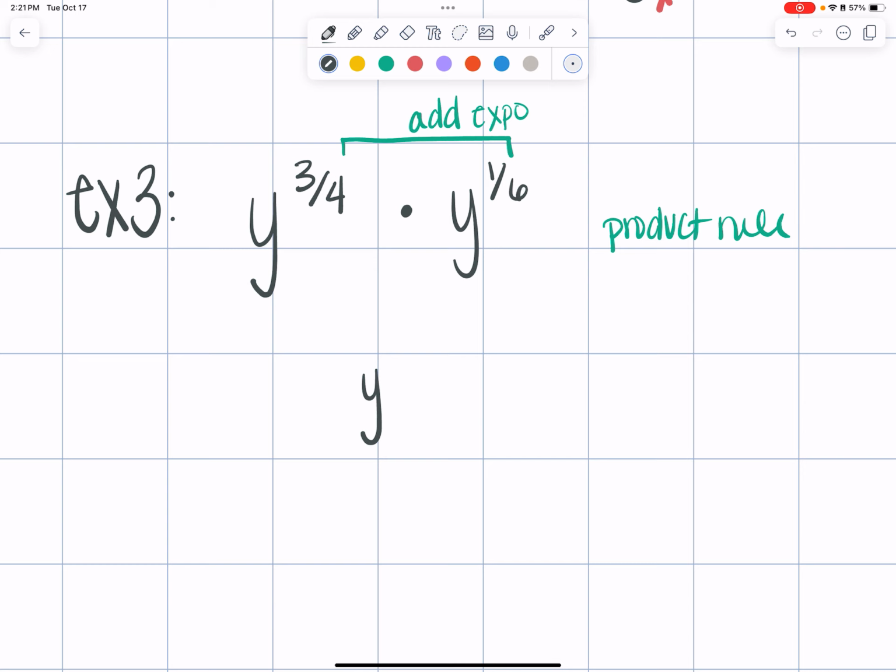So I'll have y to the 3/4 plus 1/6. And 3/4 plus 1/6 is going to give me 11/12. Once you simplify it all down, find a common denominator, simplify, or use your calculator. And so my final answer will be y to the 11/12.